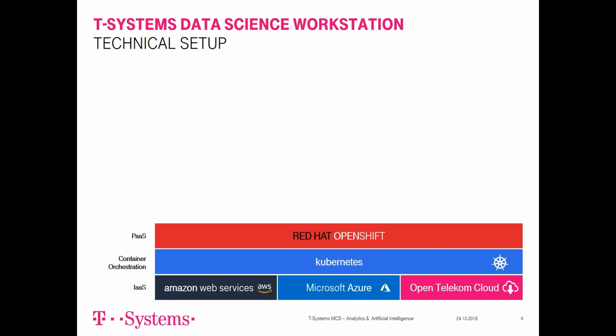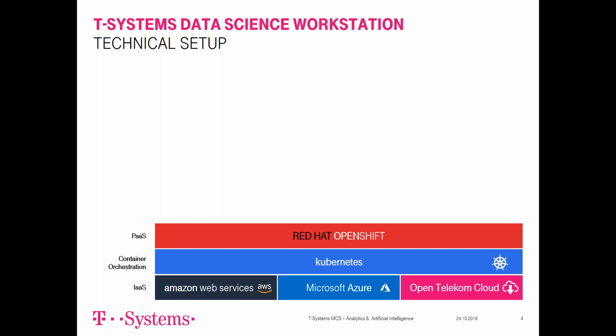So we have used Red Hat OpenShift and Docker technology and Kubernetes for 4 to 5 years. We have a lot of experience with this. And we also made Red Hat OpenShift enterprise ready. So we added some nice features and also a consumption portal where you can see how much you consume.